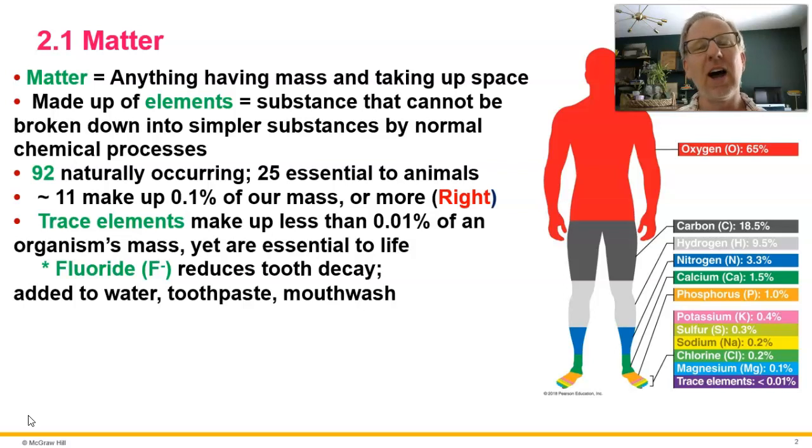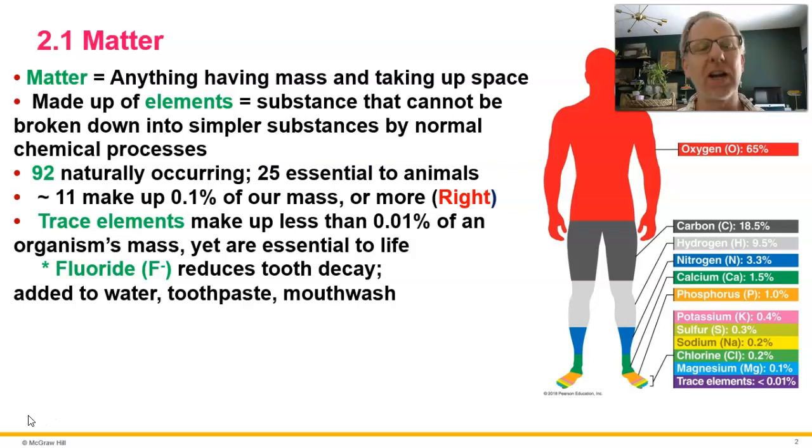In fact, it's highlighting those elements that make up most of our body, make up most of our mass. And you can see the percentages there. You are 65% oxygen. You're almost 19% carbon, etc. You can look down that list. You don't need to memorize those percentages.